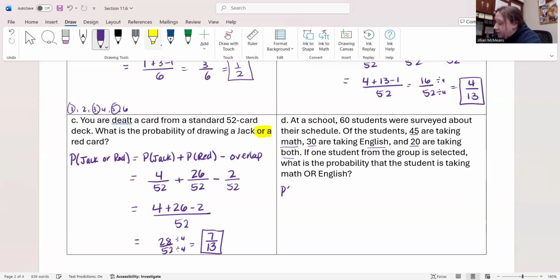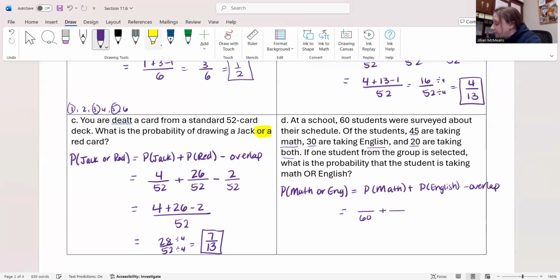So we want the probability of math or English. That would be the probability that we have a math student plus the probability of English. But there's definitely overlap. We have to subtract the overlap. We can't have students counting in both groups. So how many students were we dealing with?